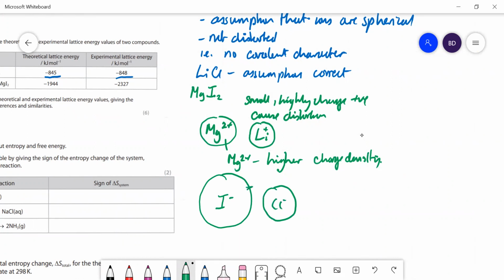So it's easier for the positive ion, we've got a positive ion now, an Mg2+ ion there, to distort the ion and pull it over, because the nucleus of the iodine is a long way from the outer electrons. So large negative ions are easier to distort, and iodide is larger than chloride.